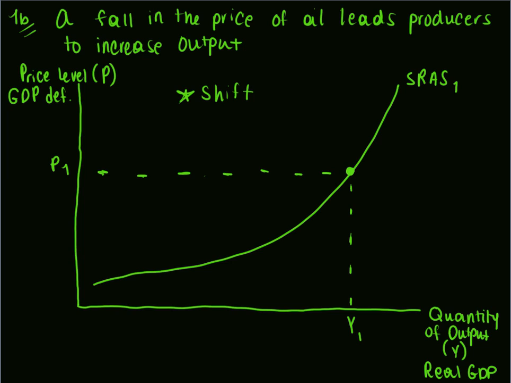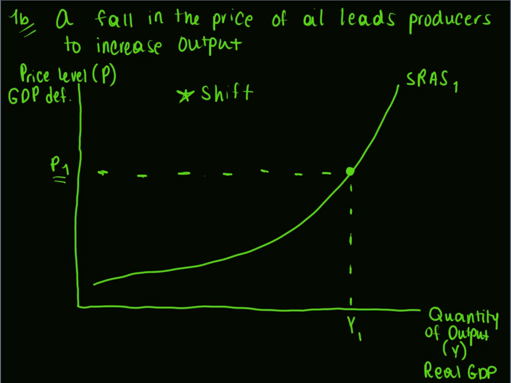Well, when you have a fall in the price of oil, we can reasonably imagine that there's been a reduction in the production costs of producers, of suppliers of goods. And as a result, so the price level stays the same, but as a result of the reduction in the price of oil, suppliers are able to enjoy a lower production cost.